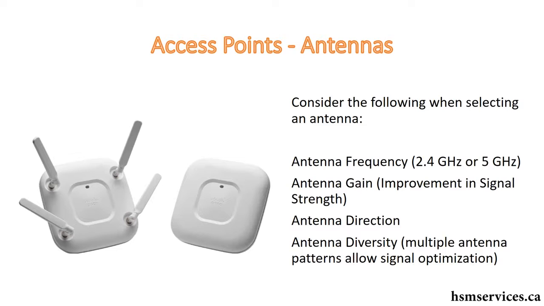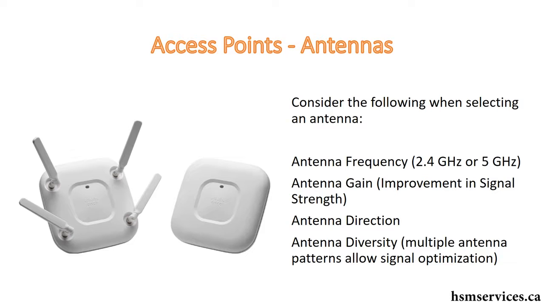So there are some things you need to consider when selecting an antenna. First of all, the frequency of the antenna. Is it going to be 2.4 gigahertz or 5 gigahertz? You might have to buy multiple antennas to accommodate the multiple frequencies. The second thing is the gain on the antenna.